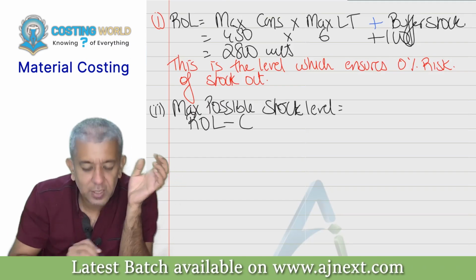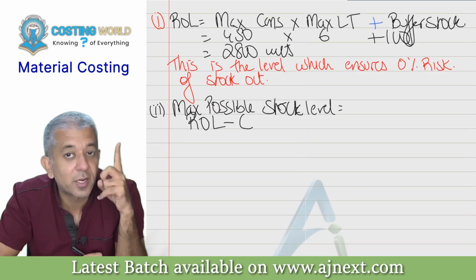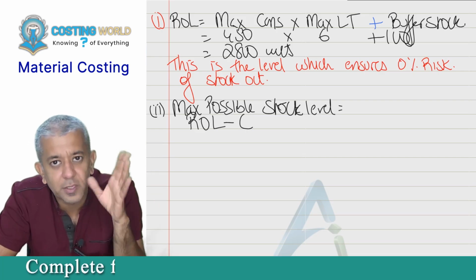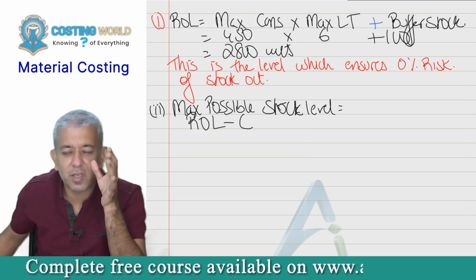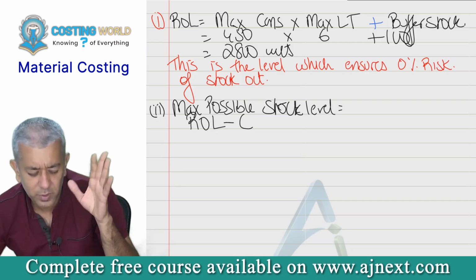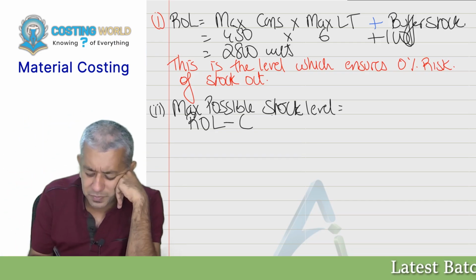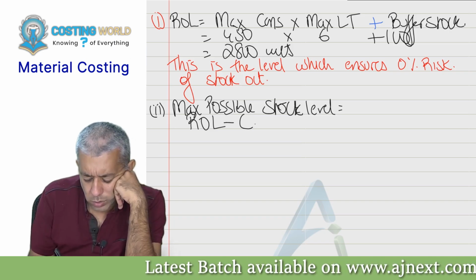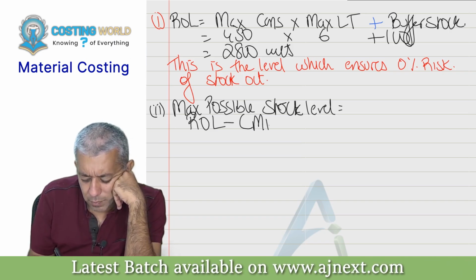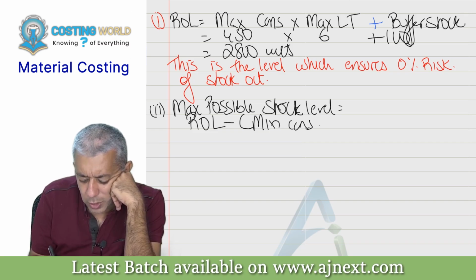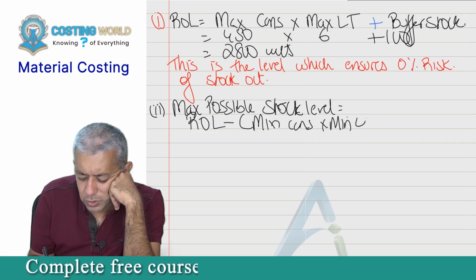Now, my job is done. Listen. Now try to think, we are making a formula out of it. You started with ROL. Now, you all continue, you make the formula. These are the formulas that ICA has given without the explanation also. We all know the explanation now. So, we started with ROL. What did we subtract, beta? Minimum consumption into minimum lead time. Correct, no?